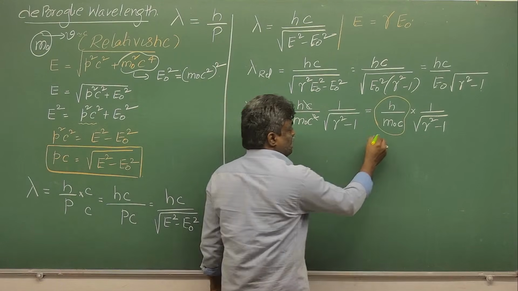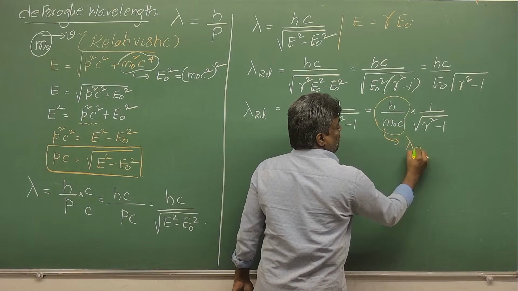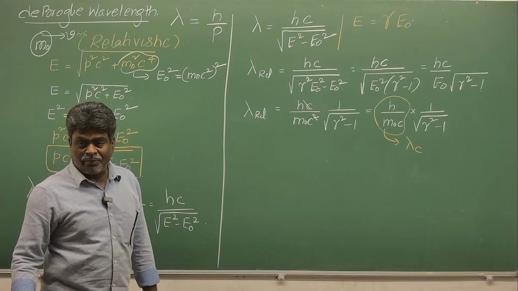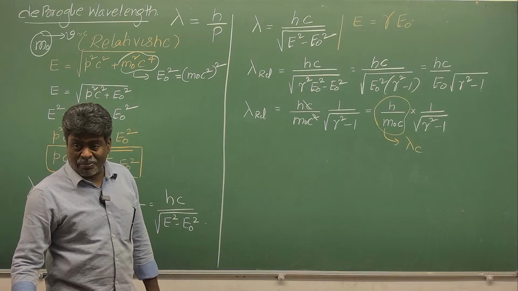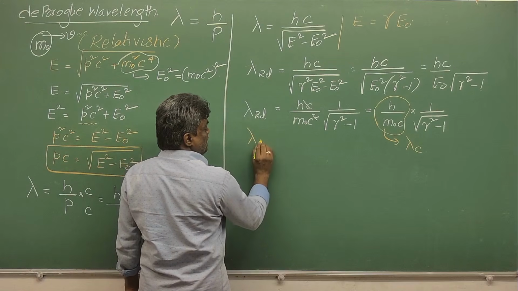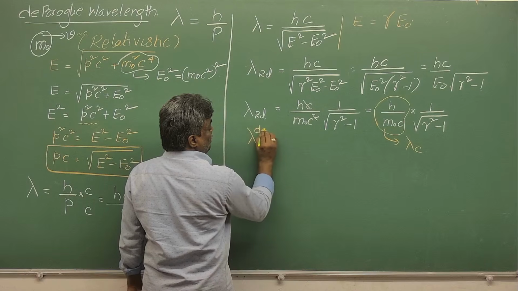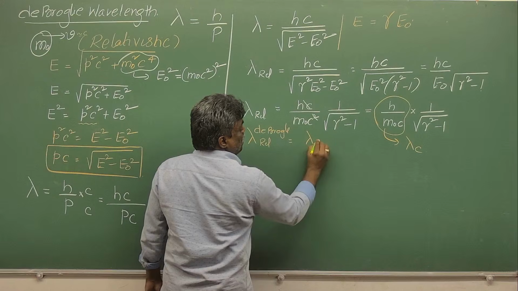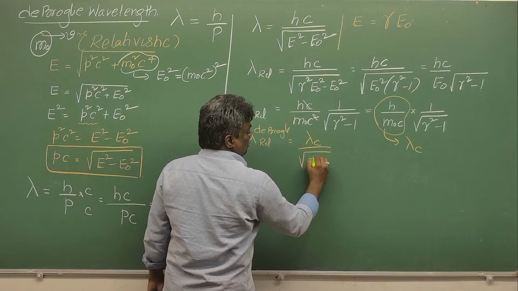Oh good, you are studying. Compton wavelength. Now the question: the relation between de Broglie wavelength and Compton wavelength. The de Broglie wavelength of a relativistic particle equals lambda c by the square root of gamma square minus 1.